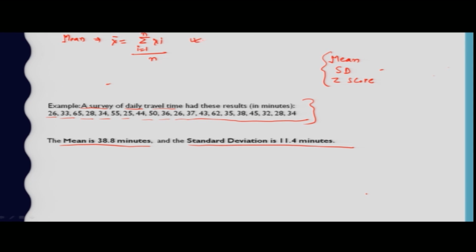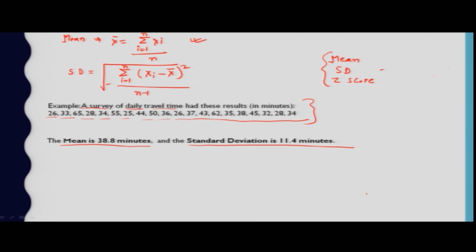So, this is the formula to calculate mean, and for standard deviation we have another formula: the summation from i equals 1 to n of the difference between each term, that is each survey value, and the mean, squared, upon n minus 1.